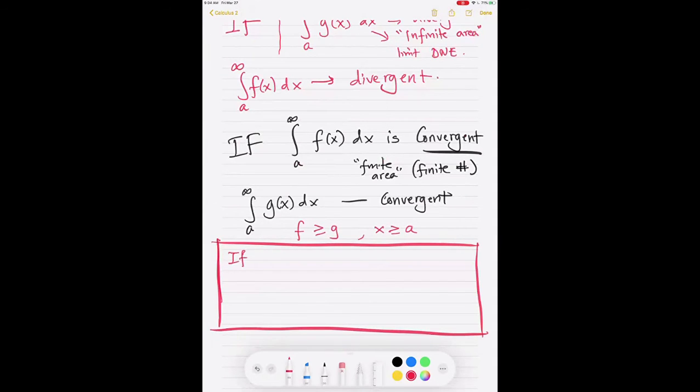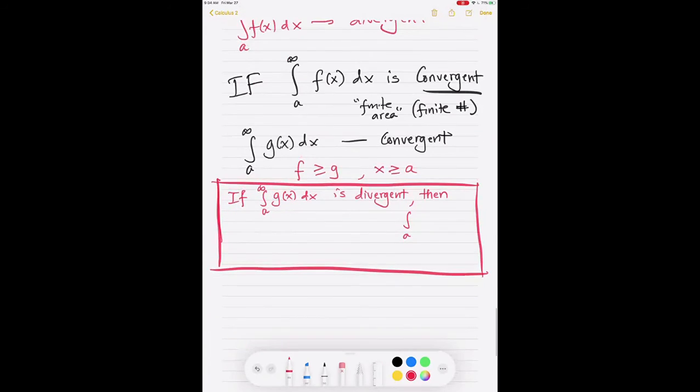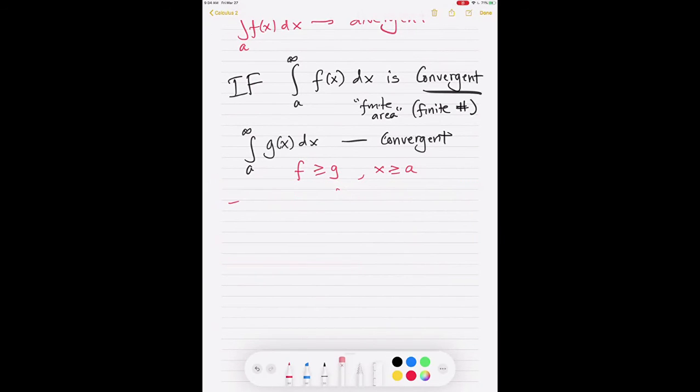If integral a to infinity g of x dx is divergent, then integral a to infinity, maybe I should make a table. Hang on, let me just erase this. So this is the premise. They are all continuous.